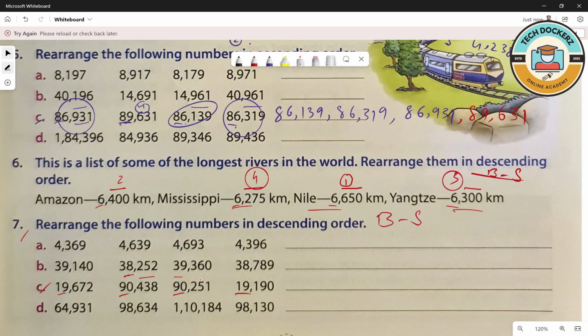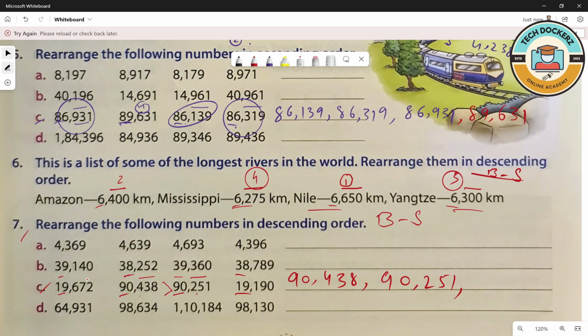Let's move to the ones period. This number starts with 400 and this number starts with 200. Which number is greater of these two? 90,438 is the bigger number. So we will write here first 90,438. Then we will write 90,251. Now we have the remaining two numbers, and both start with 19,000.